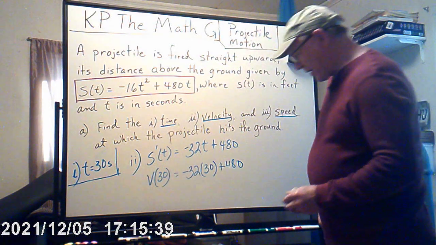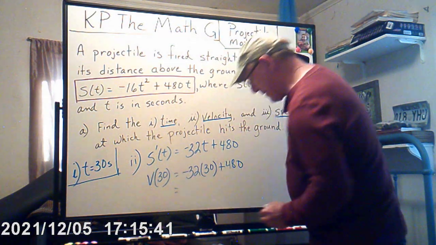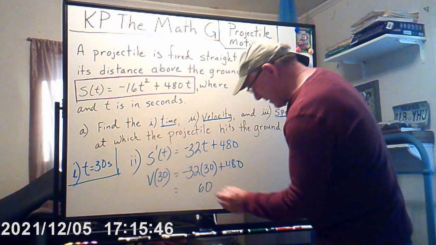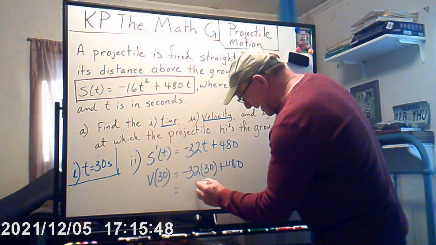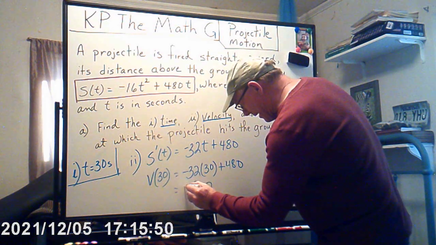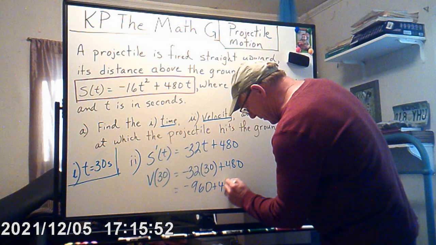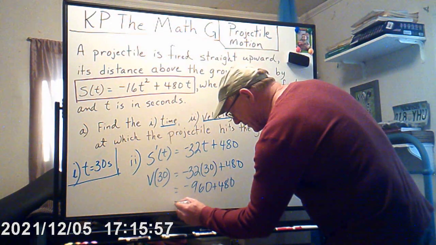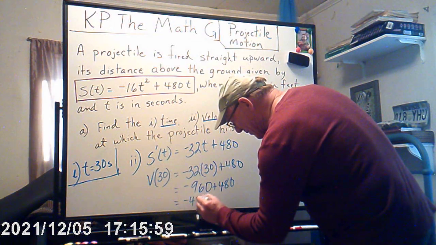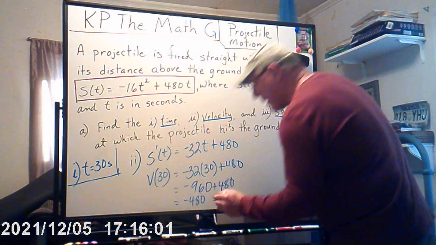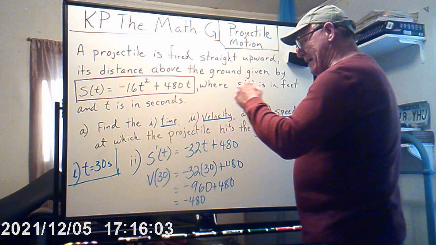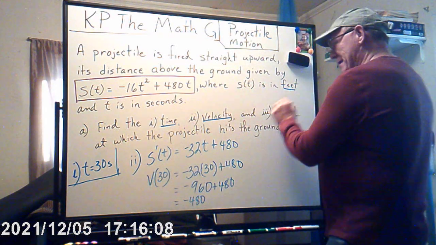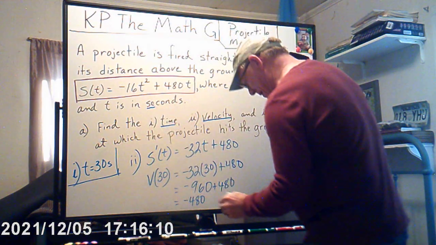Let's see. We've got a 0 here. 2 times 3 is 6. 3 times 3 is 9, but it's a negative 960 plus 480. And I want to say that that answer is equal to negative 480. And remember, velocity is given in feet per second.